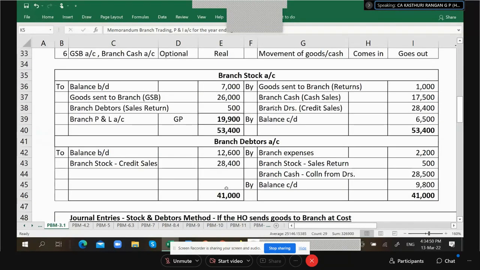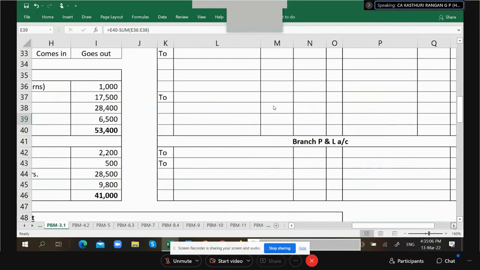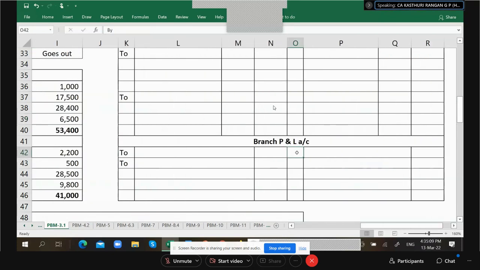So this is how we prepare the stock account and debtors account under stock and debtors method. So this gross profit of 19,900 will be taken to the credit of branch P&L account. So in the branch P&L account, by branch stock gross profit 19,900.